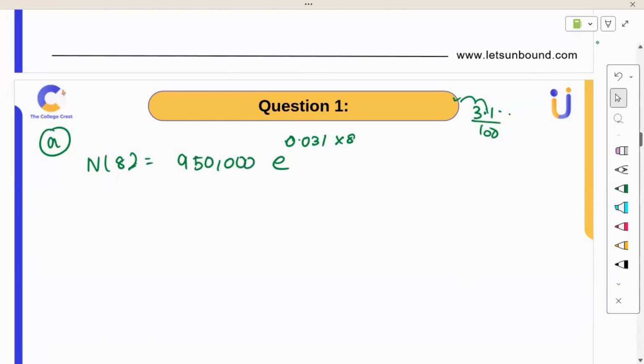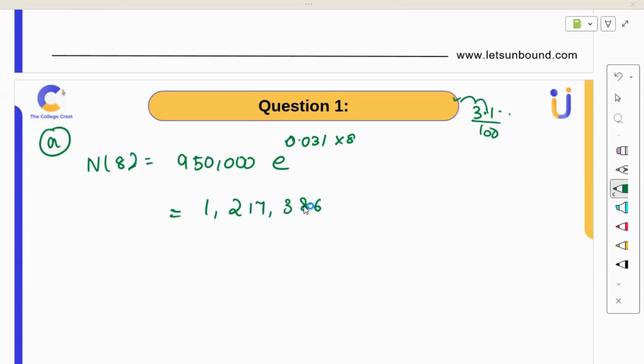Okay, here we go. When you use a calculator, or you can even use Desmos, that is much simpler. You will get something like this. You just make f of x and this. So N of 8, when you simplify this part, you will get 1,217,386.